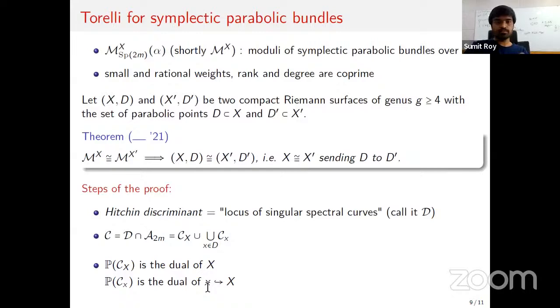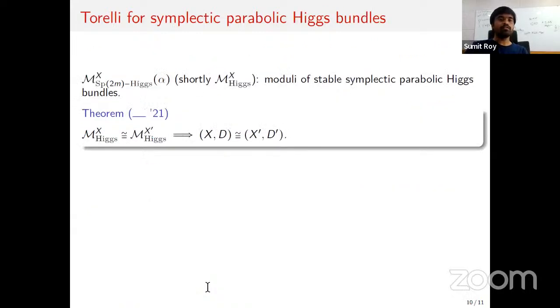Finally, I consider the moduli space of stable symplectic parabolic Higgs bundles. We will prove this result using the last one. Without Higgs, we will use that result to prove this Torelli theorem.